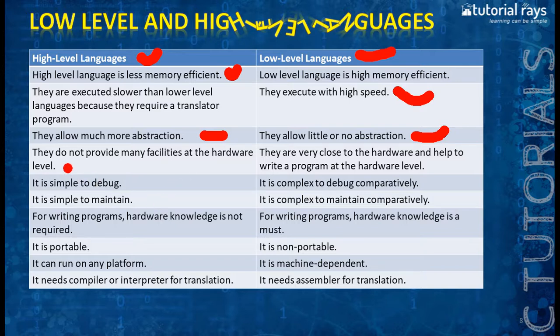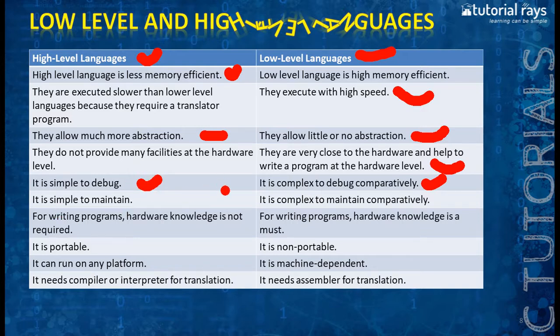The next one is, high level languages do not provide many facilities at the hardware level, while low level languages are very close to the hardware and help to write a program at the hardware level, for example, kernel or driver, etc. High level language is simple to debug, because it is more English-like. Low level language is complex to debug.